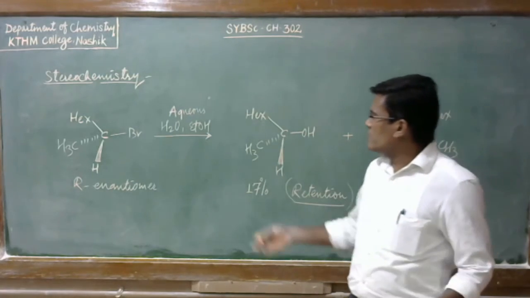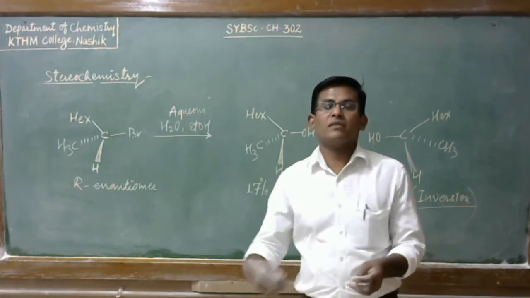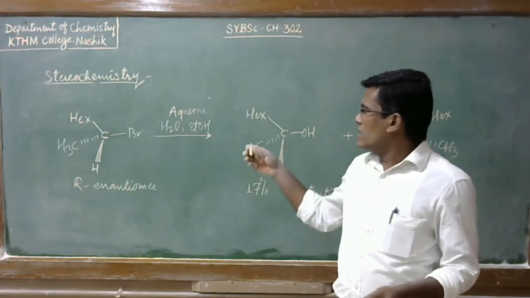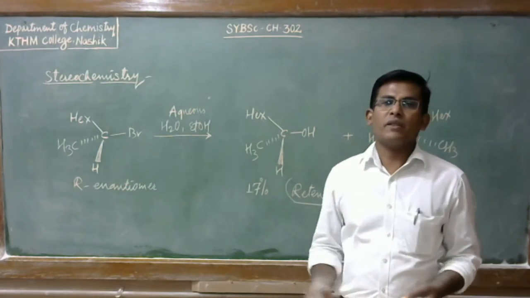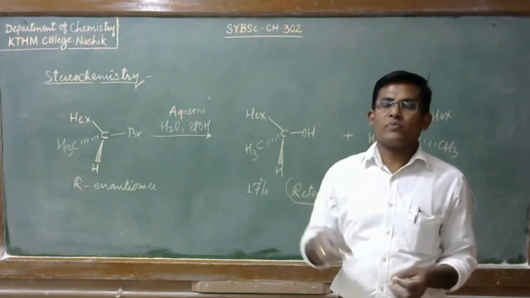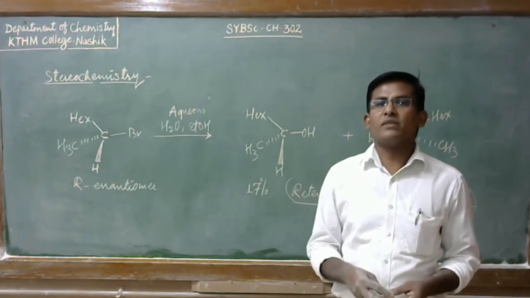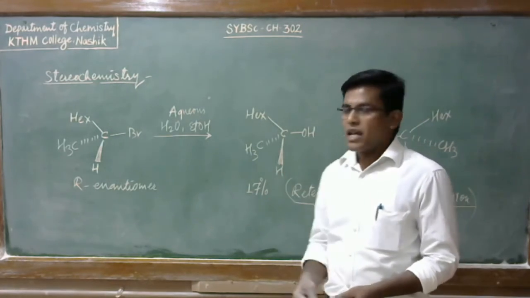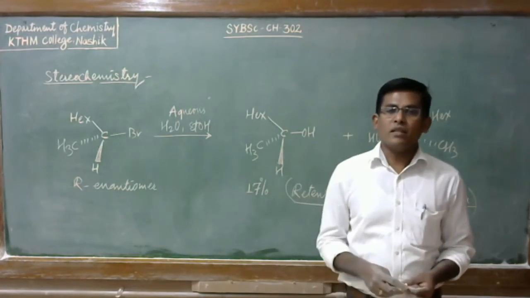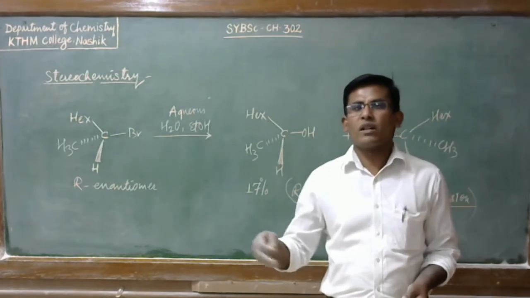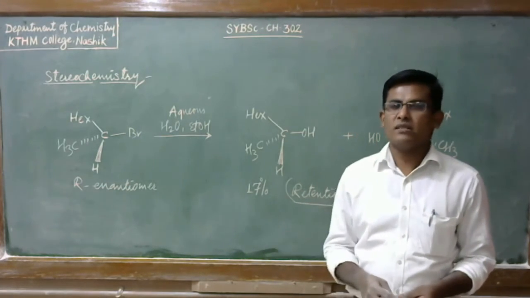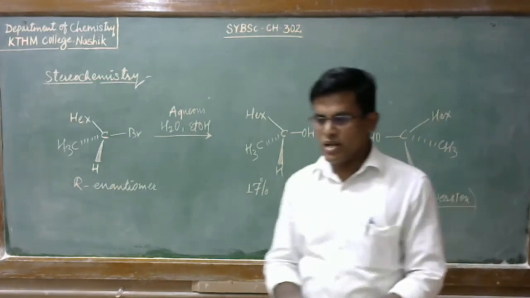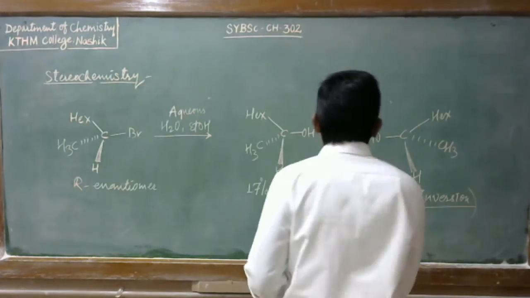As I mentioned before, when the ionization takes place, the departing bromide ion will be in proximity with the carbocation. That's why it blocks the attack of the nucleophile, so that more attack will be from the back side. So the inversion product will be more. So let us see its mechanism.